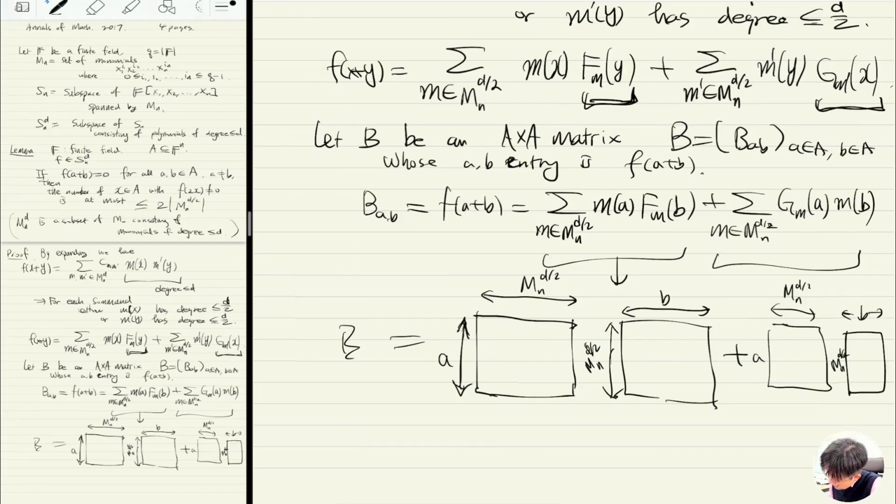Now, how do we determine this matrix? So, why is this true?